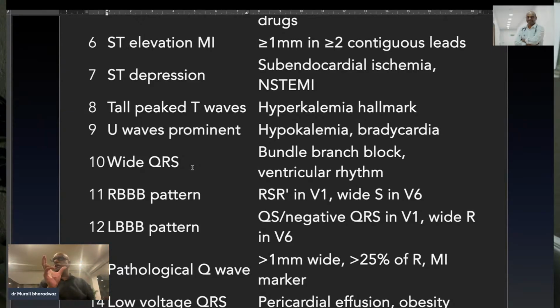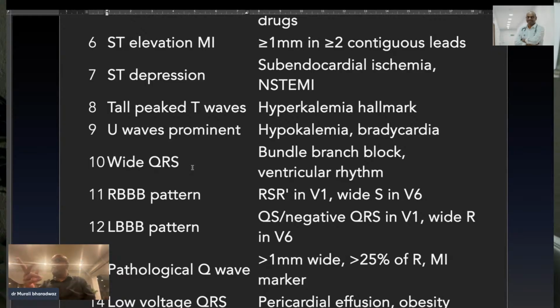A wide QRS is a feature of ventricular fibrillation, ventricular tachycardia. Narrow QRS is a feature of supraventricular tachycardia, unless proven otherwise. Similarly, bundle branch blocks, LBBB and RBBB, also lead to wide QRS. Left bundle branch block: W shape in V1, M shape in V6.